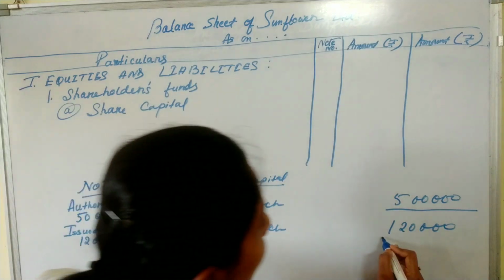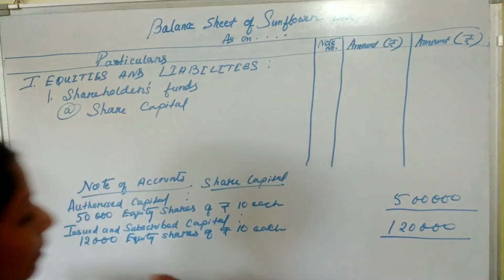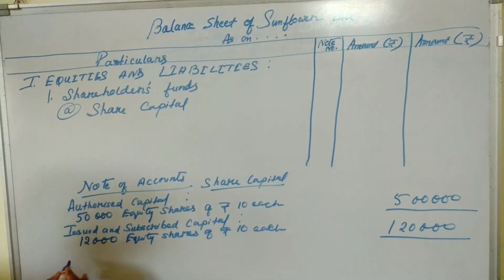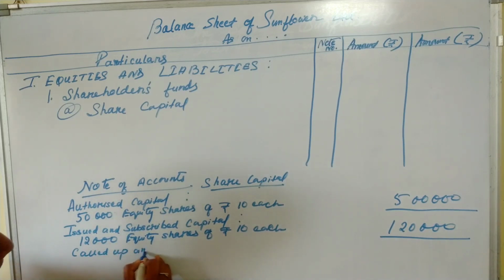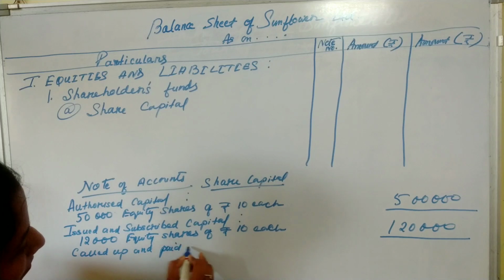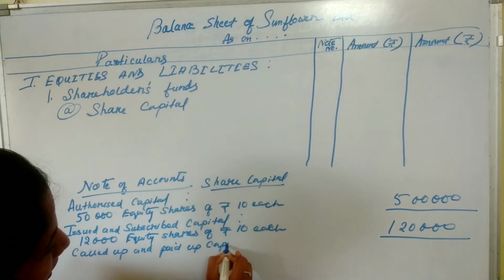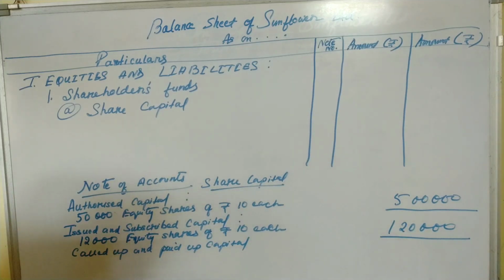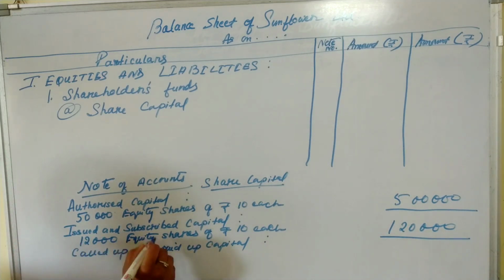Now we will write the called up and paid up capital. Now what is the called up capital? First of all, the whole 12,000 shares are called up.